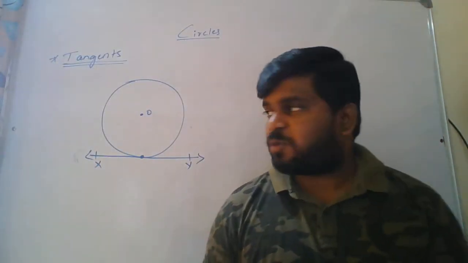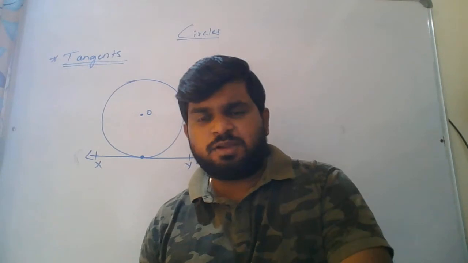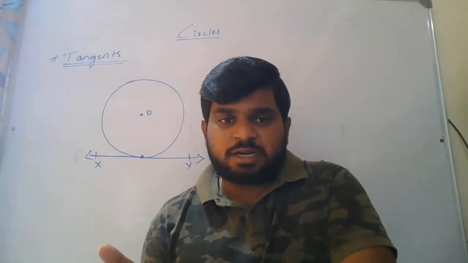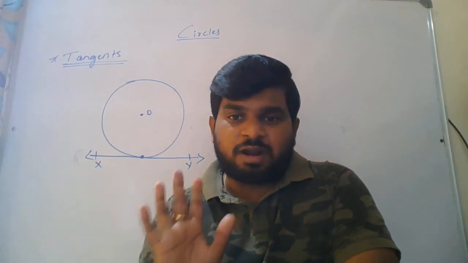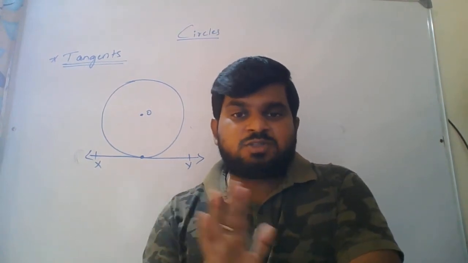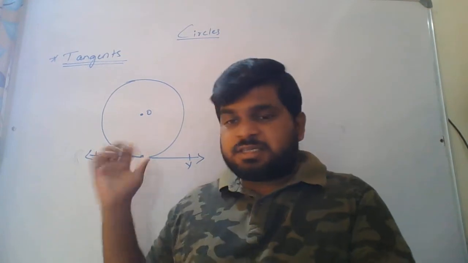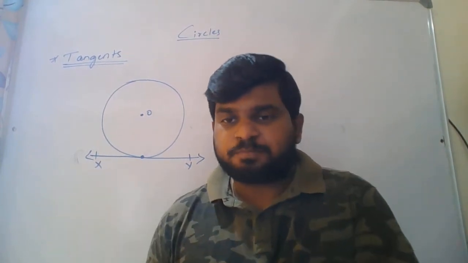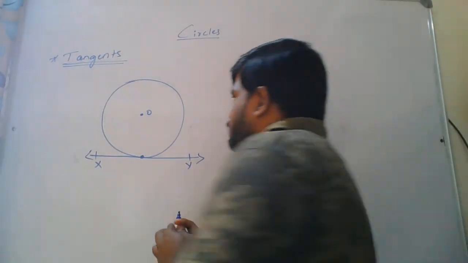So I repeat it. I'm not going to write the definition on the board. It's very simple. What is a tangent? It is just a line. Okay. What is the speciality? It is going to touch the circle at only one place, one point. That is known as a tangent. And the point where it touches is known as point of contact. Simple. Done. Okay. Let me give you another example.